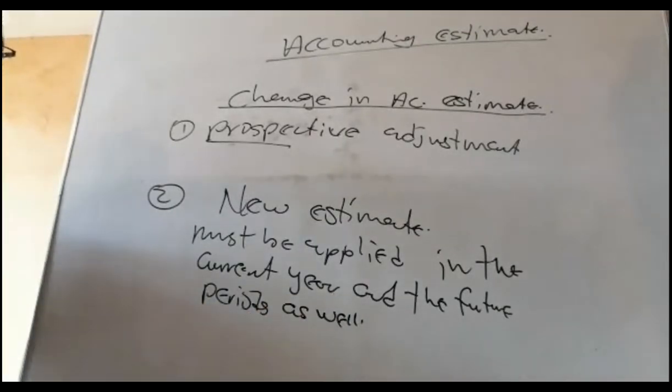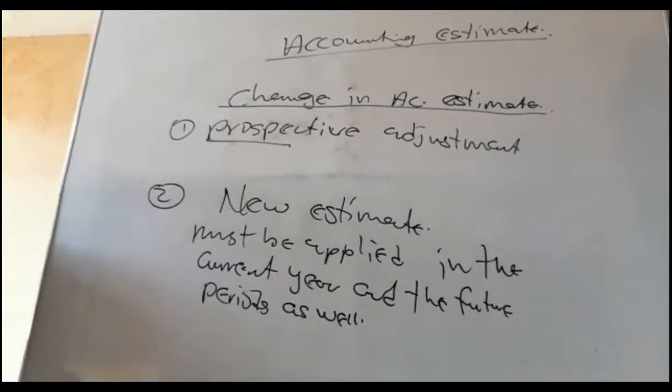So here we don't need to go back. We don't adjust the retained earnings. We just apply the new estimates. If care is not taken, you tell the examiner to apply the new policy, but this is an estimate.